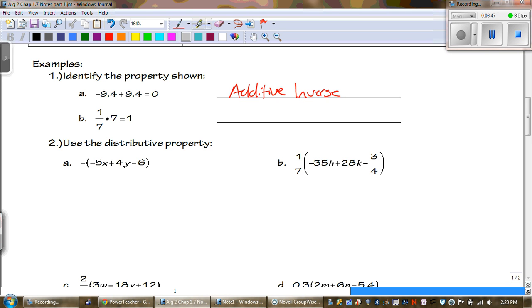Okay? And for this one, we are multiplying and we get 1. So that means they're doing the multiplicative inverse. Okay. All right.